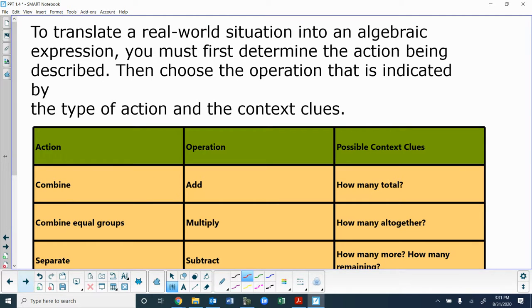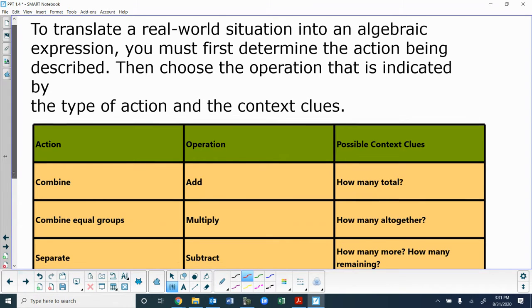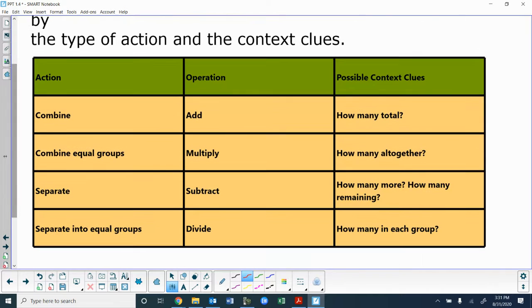So to translate a real word situation into an algebraic expression, we must first determine the action being described, then choose the operation that is indicated by the type of action and the context clues. So if you're combining stuff, you're adding stuff, context clues could be how many total.